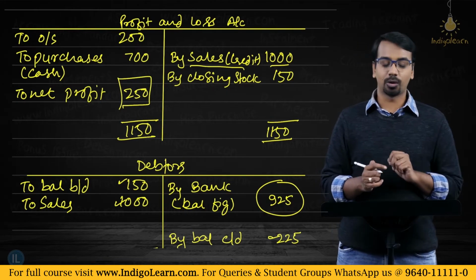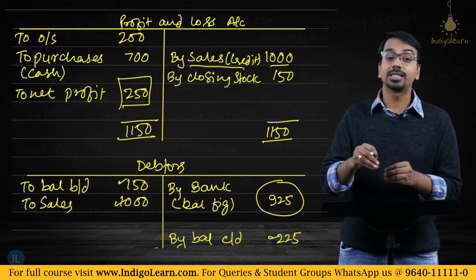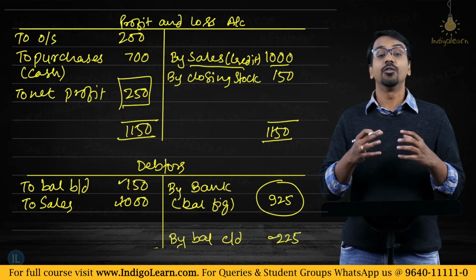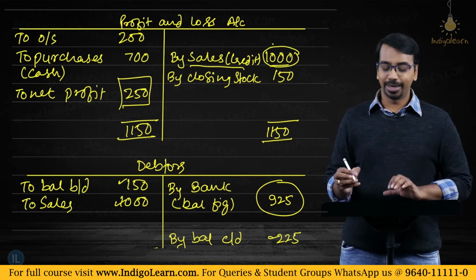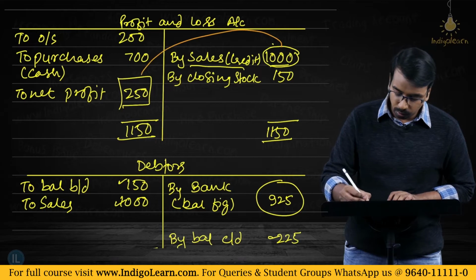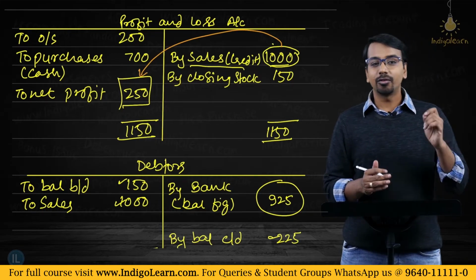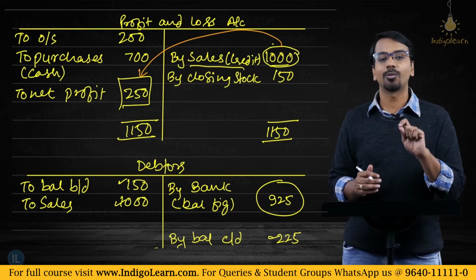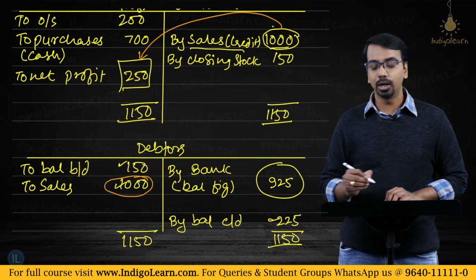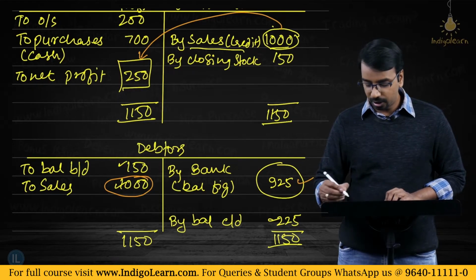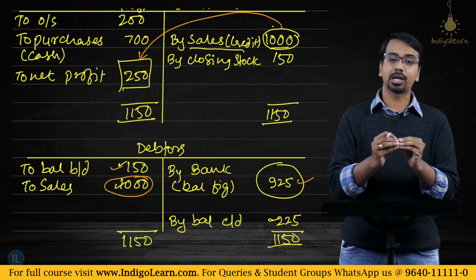And why is that so? There are two items now. First, there is an opening stock and closing stock difference which sits in this net profit, which is not a cash flow, which does not impact the cash flow. The next thing is this 1000 which got into computation of this 250 has not been realized in full. We have not received full amount towards this 1000. If we see the debtors account, we can see 1000 was what was sold, we got only 925 and there was still an opening balance, which means for sure we have not collected 1000 fully.